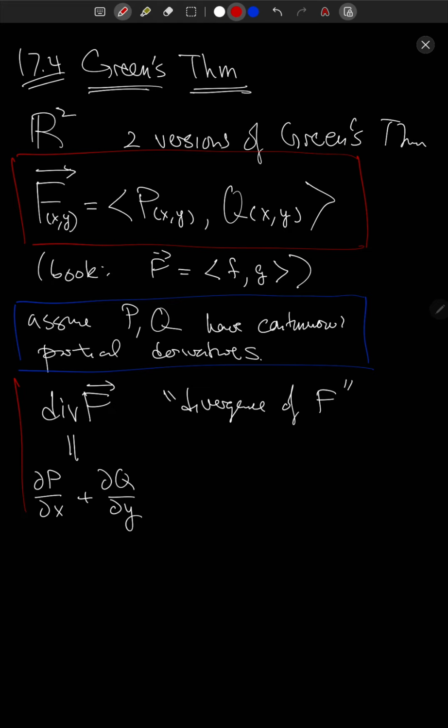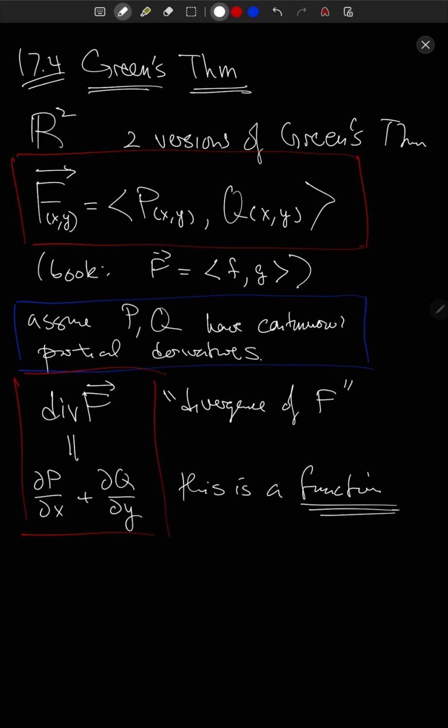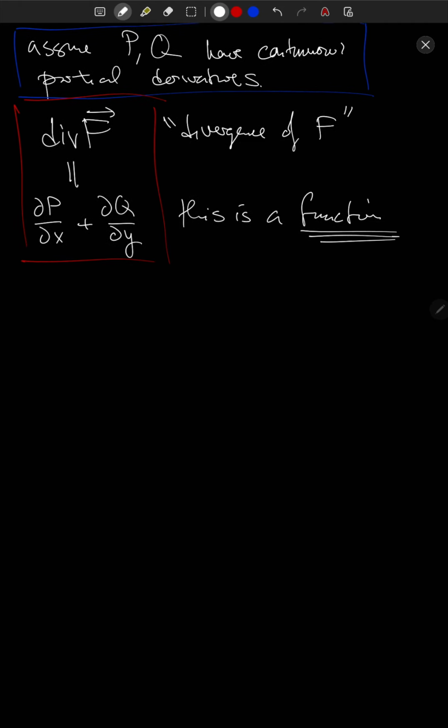That's the definition of the divergence. So notice again, it's a function. It's no longer a vector field, it's a function. Our Green's theorem will have something to do with this.